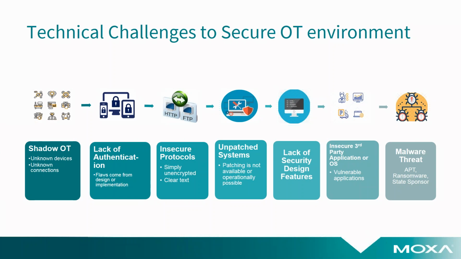So much like on the IT side, you have shadow IT, well, we have shadow OT. As Richard pointed out earlier, that could be something simple like an employee with good intentions setting up a wireless access point to give easier access to the control systems without having the understanding of how to safely deploy a wireless network.